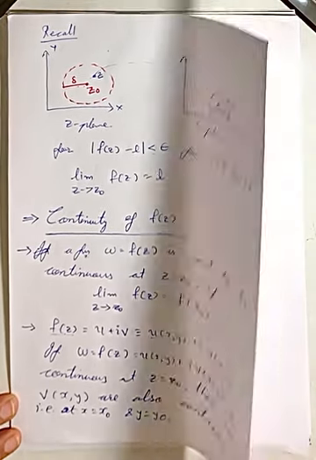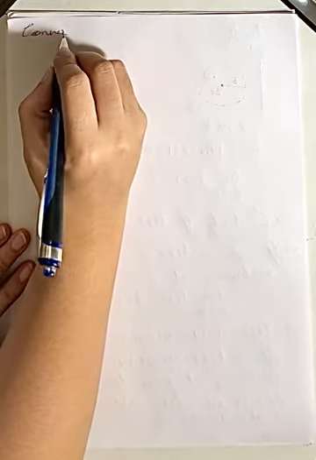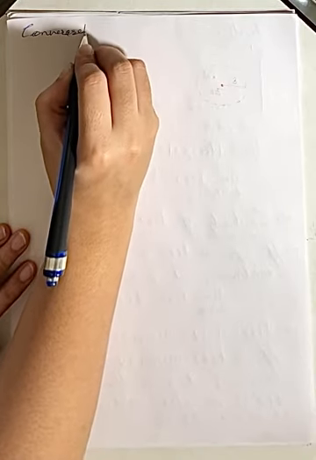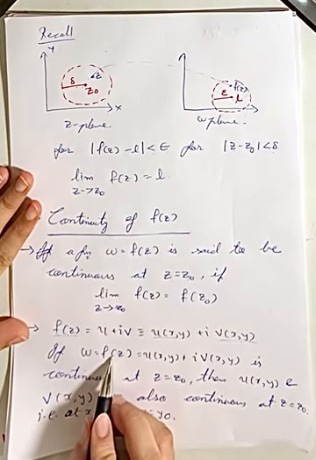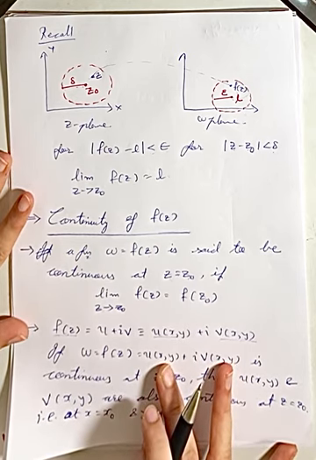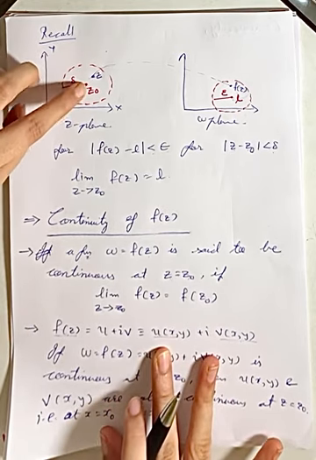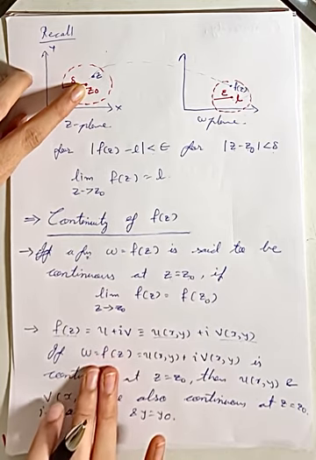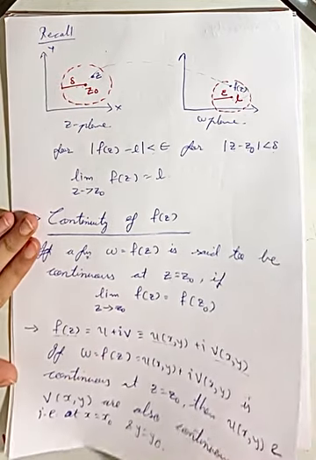Okay, so from this we can write the converse sentence also, just like I said, that if f of z is continuous at z equals z0, then u and v are also continuous at z equals z0. So the converse condition would be, if u and v both are continuous at z equals z0, that means w itself, or f of z, will also be continuous at z equals z0.